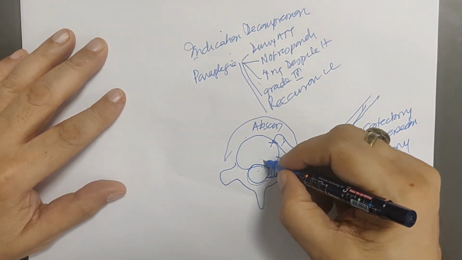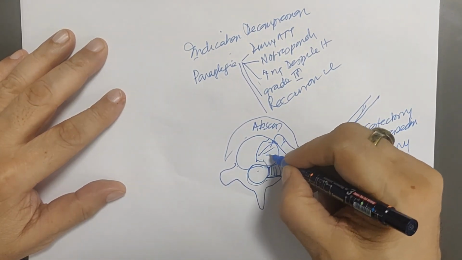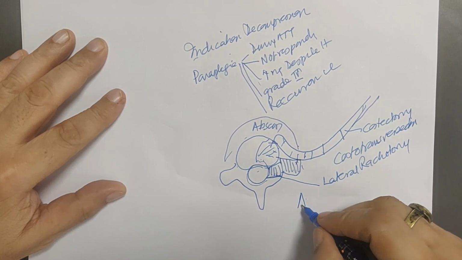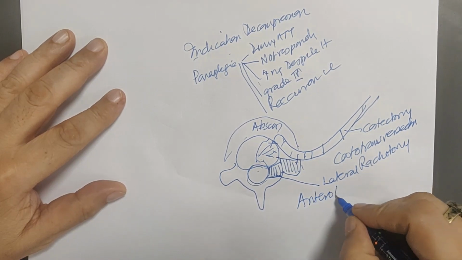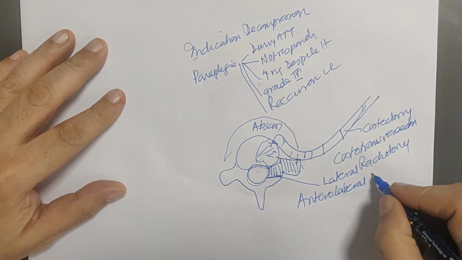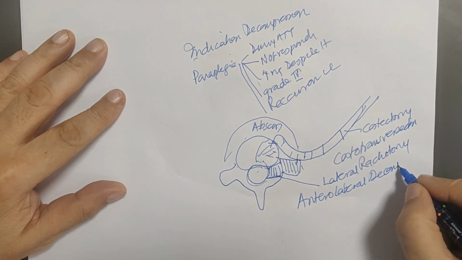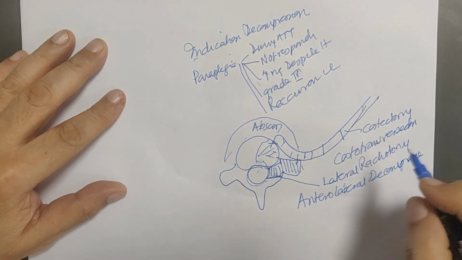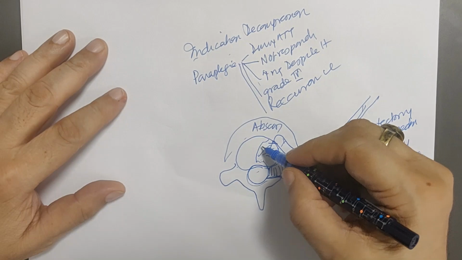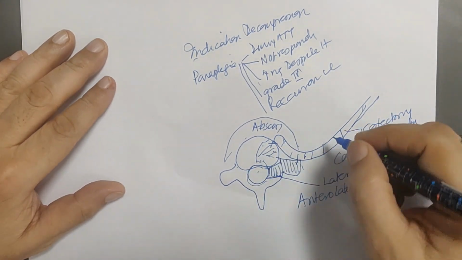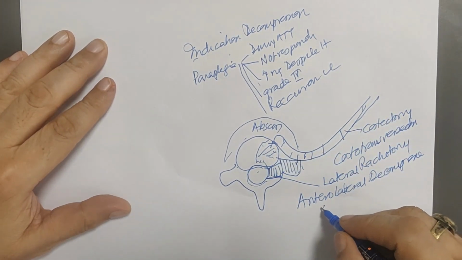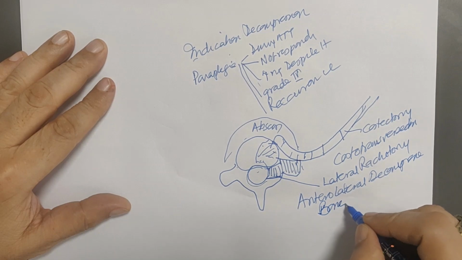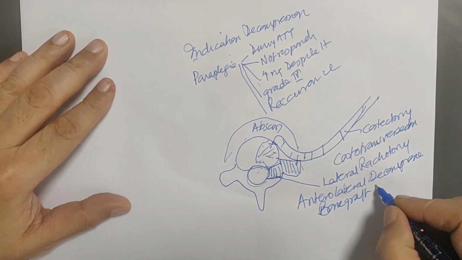The fourth thing is to remove the diseased portion of the body. That is called anterolateral decompression. And when you remove the body, you may have to fill in a bone graft and stabilize the vertebra.